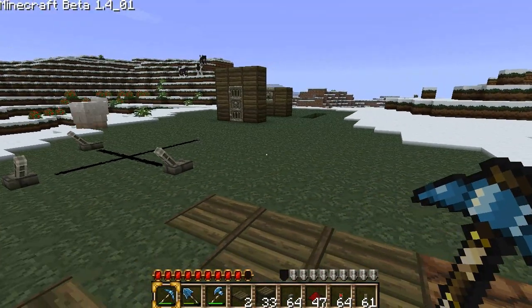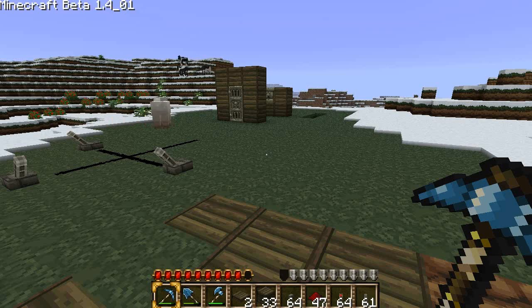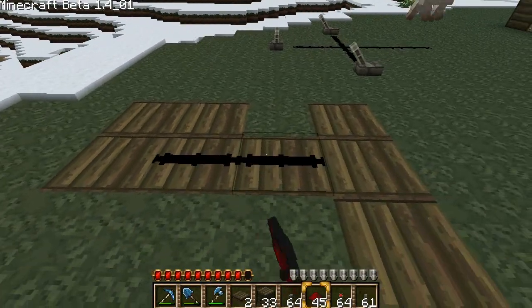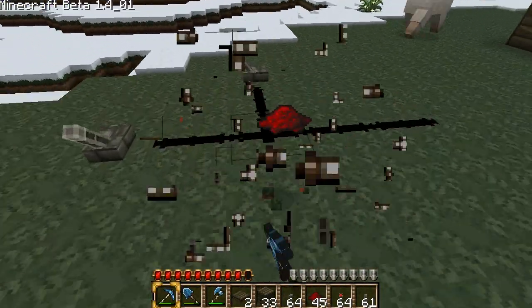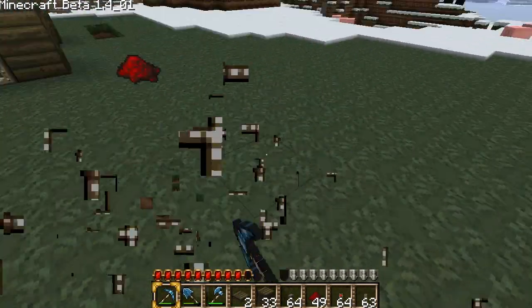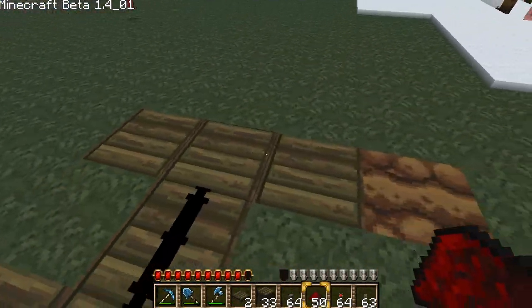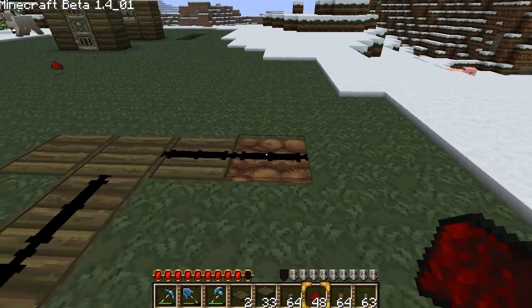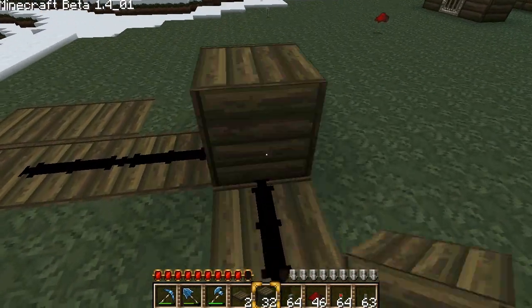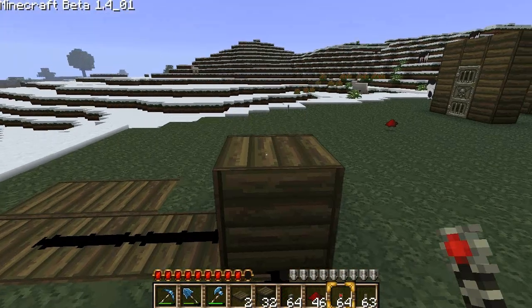And the uncompact version is done like this. These are your inputs. I'll just get rid of this because it's going to get in the way. So we have one input here, we have another input here, and we have a third input here. We then need a block with a redstone torch on top of it.